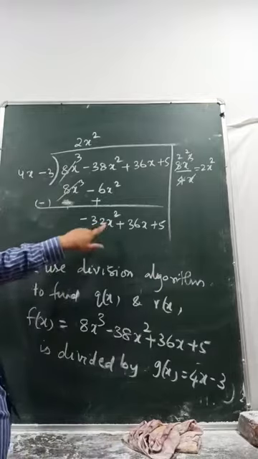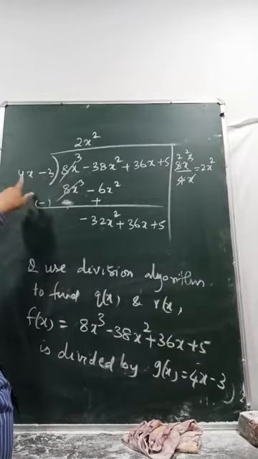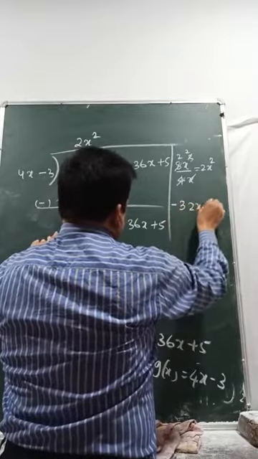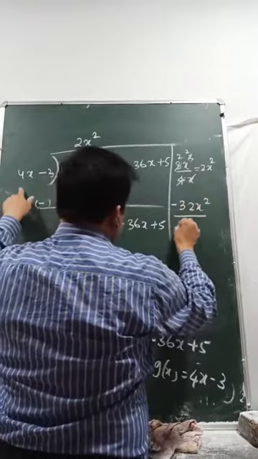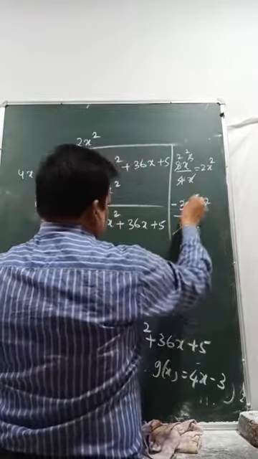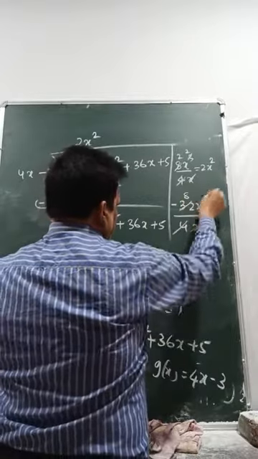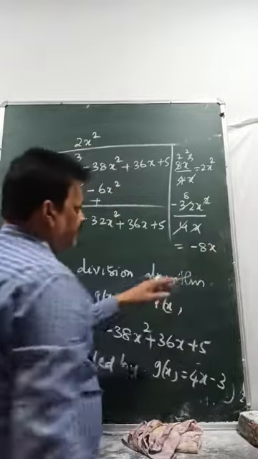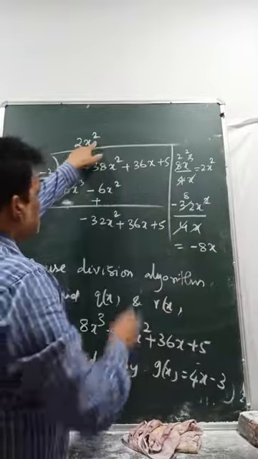Same rule, divide the first term by first term. Minus 32x square divided by 4x: 4 8s are 32, x cancels. So minus 8x. That means this minus 8x I have to put here.